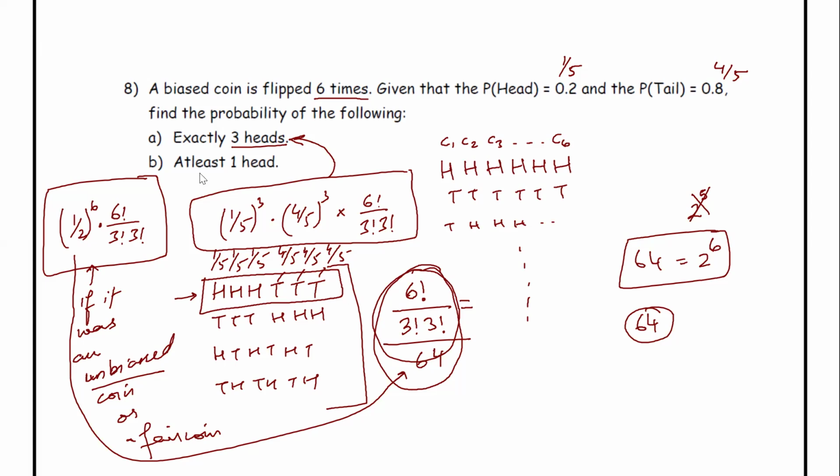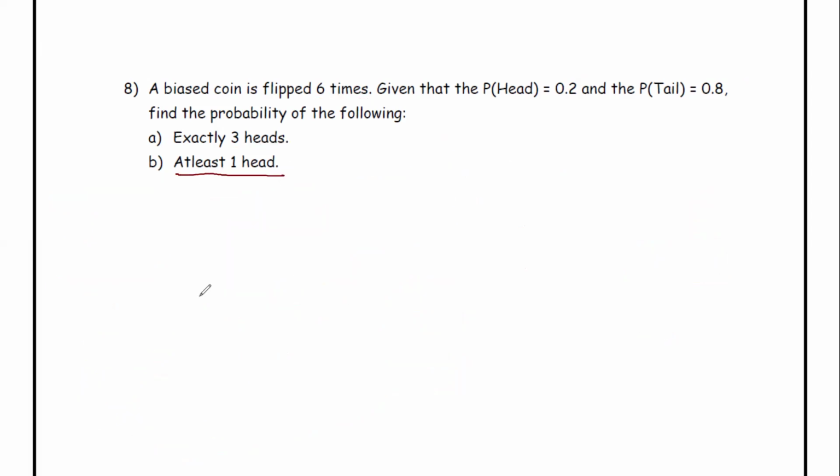So now you can solve this question, pause the video, or just continue with the flow and see how I solve part B, at least one head. Like in the previous question, at least one head, I solved it in this manner. Out of the 64 outcomes that you get, at least one head means one head, remaining tails, two heads, remaining tails, three heads, four heads, five heads, like that.